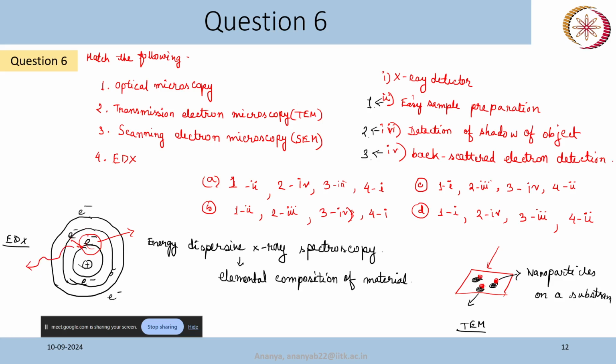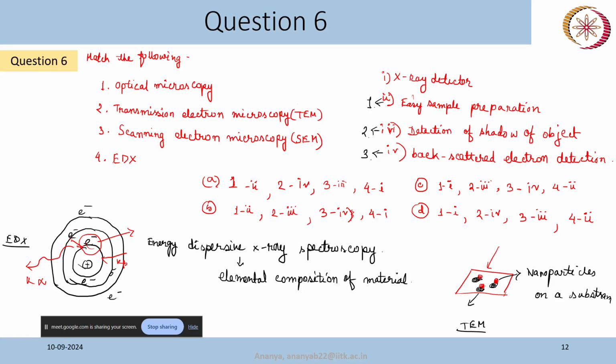Characteristic X-rays. Say this is known as K alpha, this is K beta. Now let's not worry about what K alpha and K beta are, I'm just giving you the notation. This K alpha and K beta is the energy of the emitted X-rays.